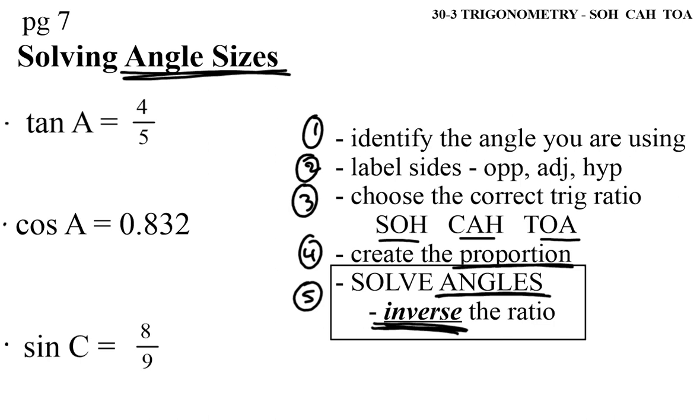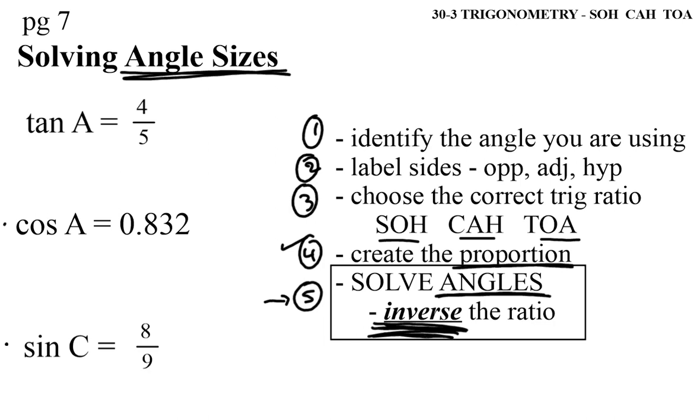Example 1 says tangent of A equals 4 over 5. Remember, tangent is comparing opposite over adjacent. So there's a question. The opposite was 4, the adjacent was 5. We plugged it in, and there's what we have. Step 4 has been completed, but now we need to solve. Here's what we do. 2 things.